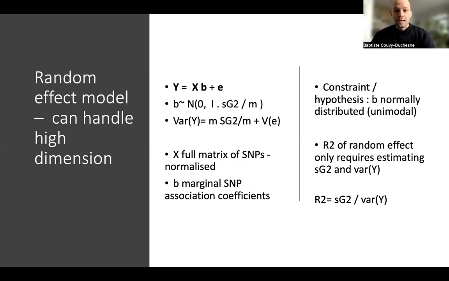As I said before, this model is now identifiable, but has an added constraint or hypothesis on B, which is that it's normally distributed and unimodal. But what's convenient with this formulation is that the R-squared of the model, or of the random effect, only requires estimating SG squared and the variance of Y.